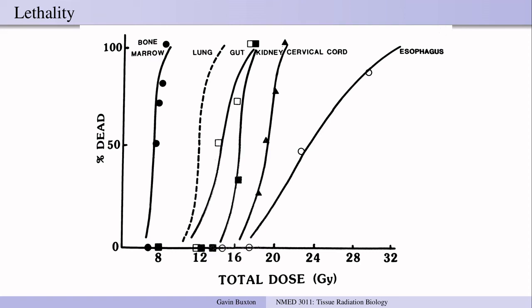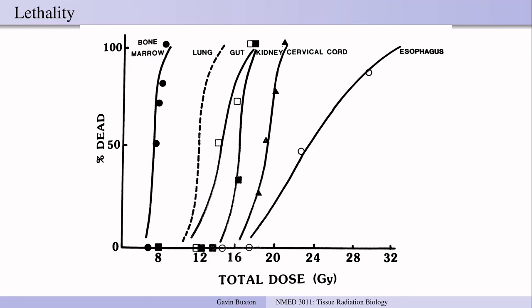Note that the dose response curves look different from the survival curves. Now we have the response on the y-axis, where increasing dose causes a greater percentage of the animals to die.